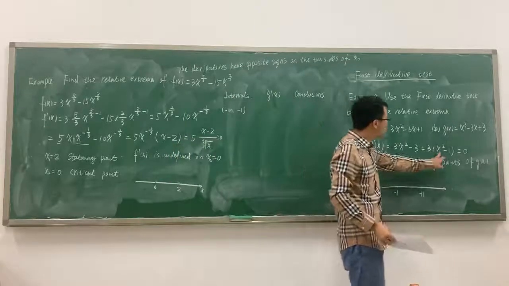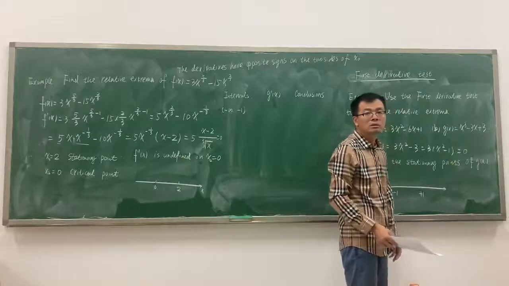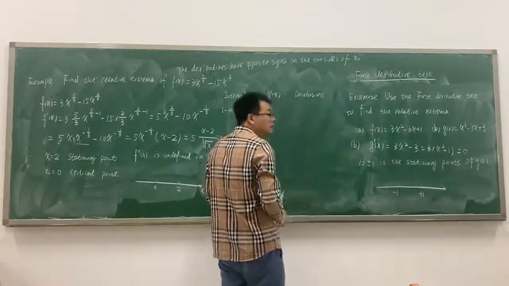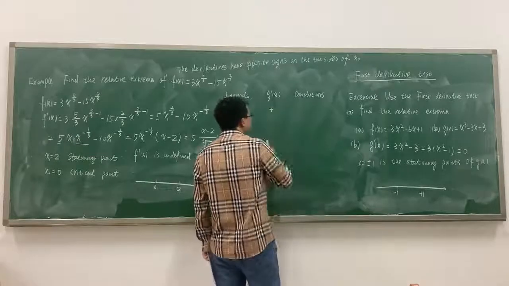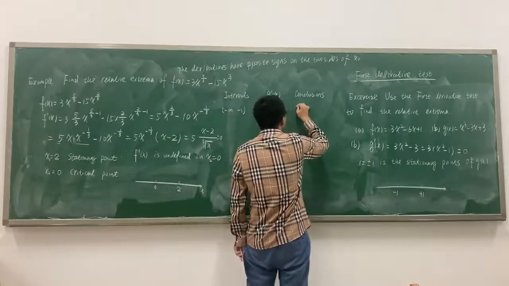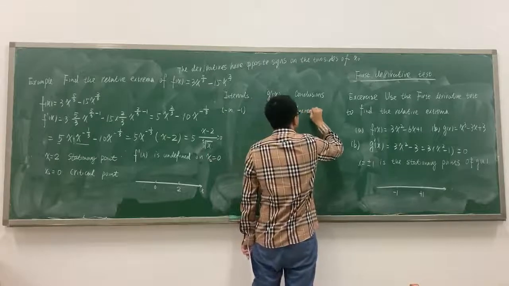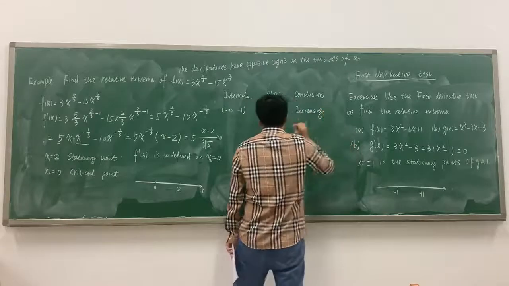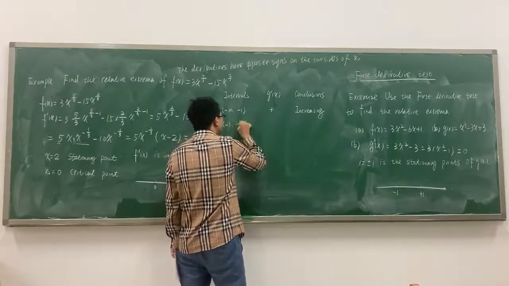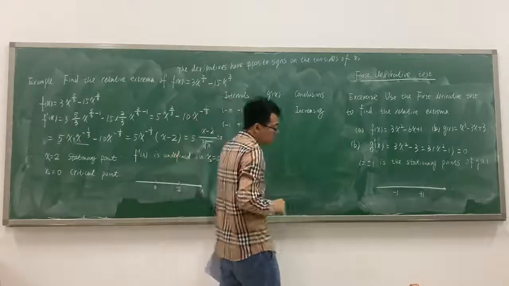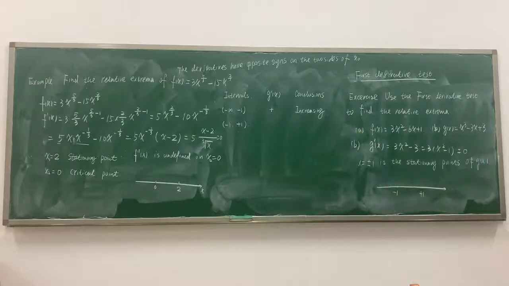So minus 2 squared minus 1, of course, it's positive. So g prime is positive, so here it is increasing. Now for the second interval, minus 1 to plus 1.